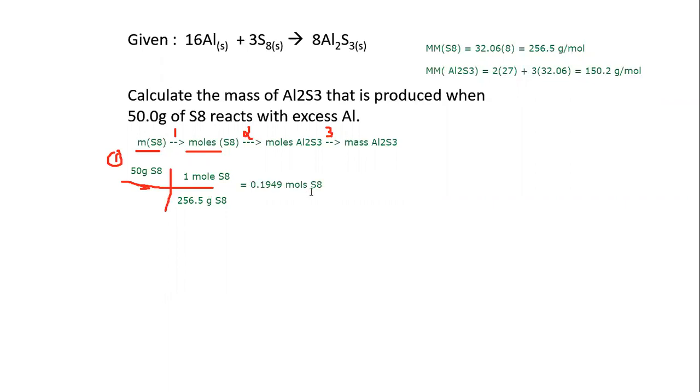So now we have the moles of S8. We're going to go to step 2. In step 2, we're going to convert from moles of S8 to moles of aluminum sulfide. And from the coefficients, we get the ratio 8 moles of aluminum sulfide to 3 moles of S8.